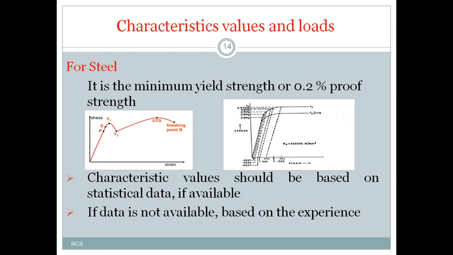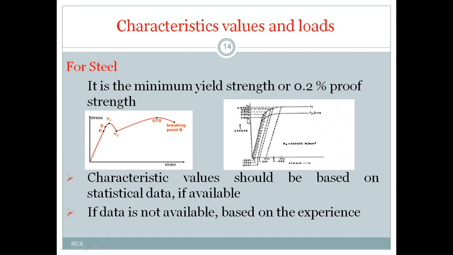Generally we consider the strength of that mild steel rod corresponding to the lower yield point. So here Y2 in this graph is the lower yield point, Y1 is the upper yield point. The strength corresponding to this lower yield point is considered as the characteristic yield strength of a mild steel, right?